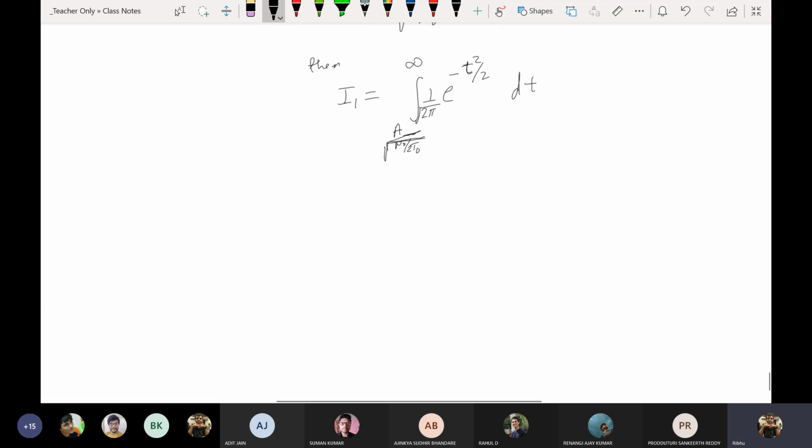Right. Fine. Similarly, you can show that I2 is also equal to Q of the same quantity.